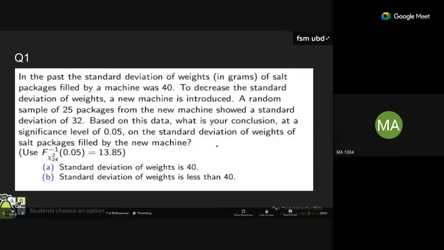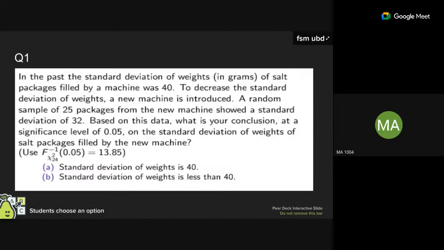So let us start discussing the chi-square distribution. This chi-square distribution is used in the chi-square test, which is basically to test for variance. Here we have given you the standard deviation or variance; both are the same, since squaring the standard deviation gives the variance. We have two hypotheses.